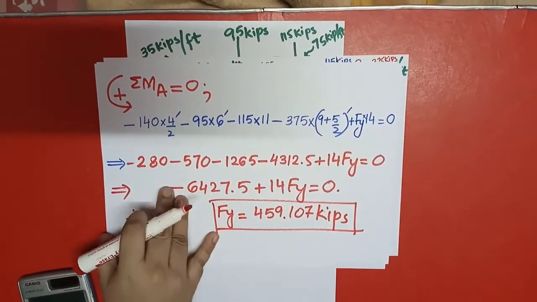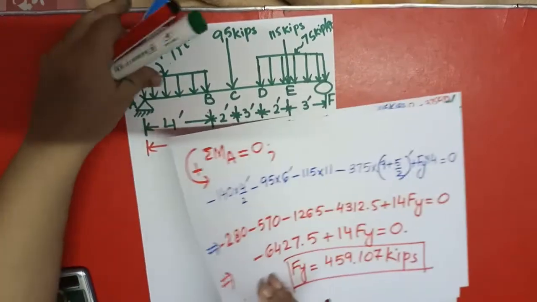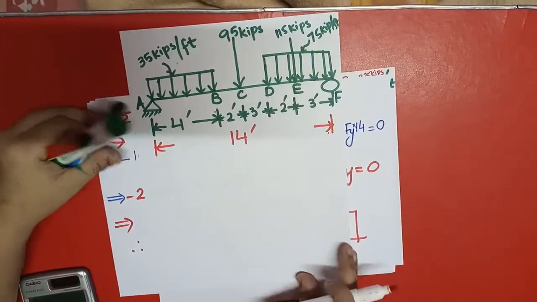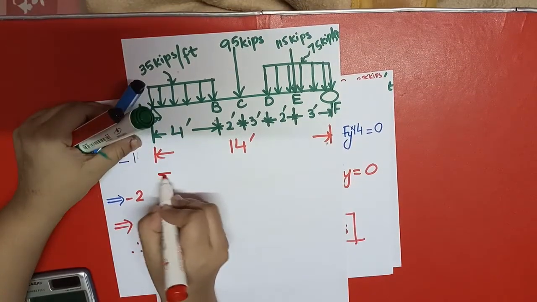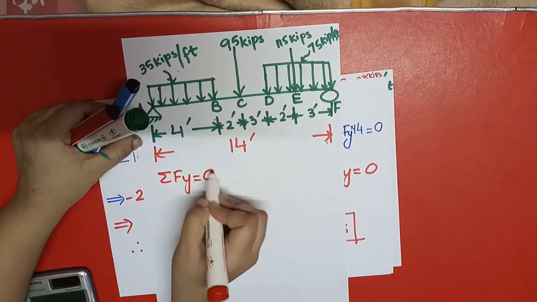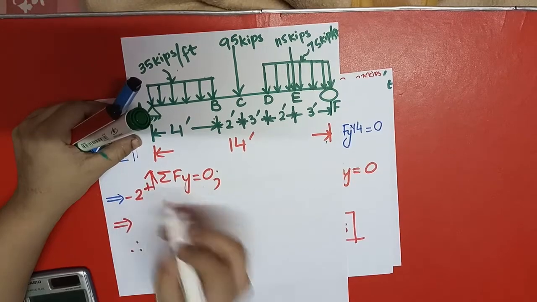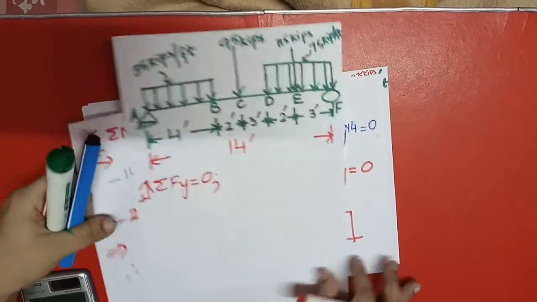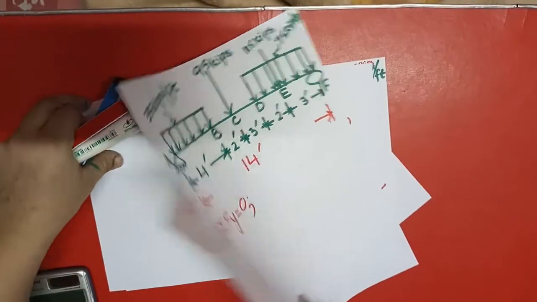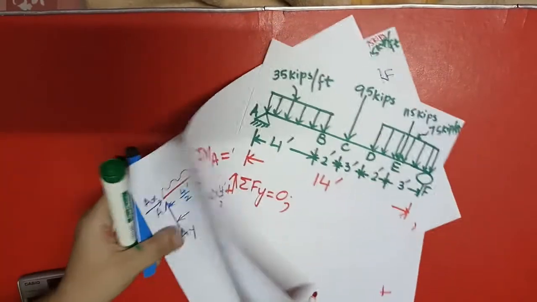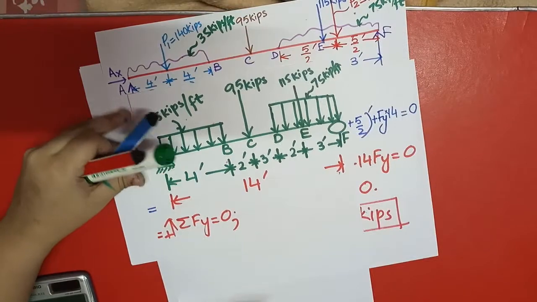Now what I have to do next, I have to calculate summation of Fy. So how can I calculate it? Let me sum up vertical forces here, and let me show you where the vertical forces are. You can see how many vertical forces are here.